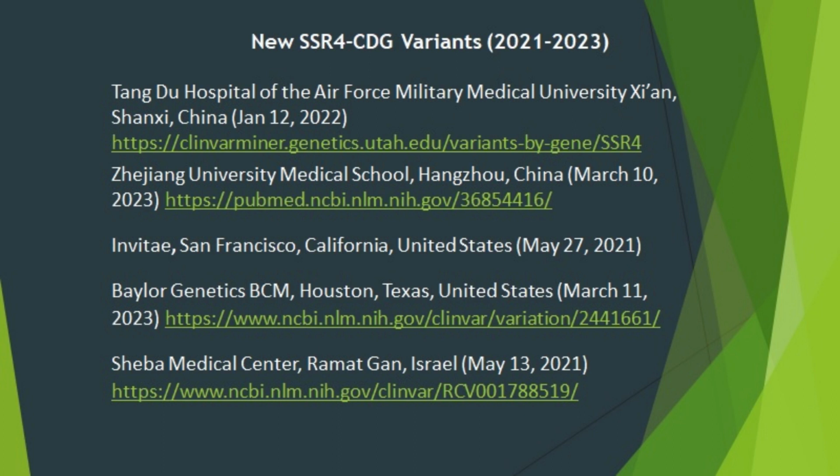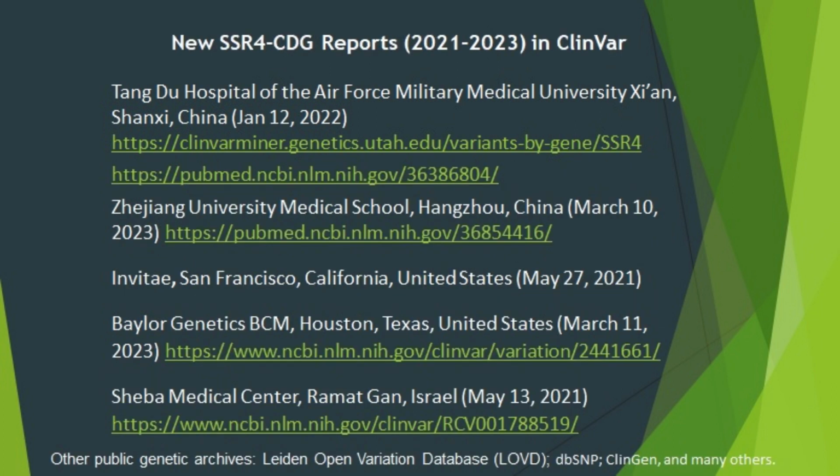Clinicians submitting genetic profiles of their patients to the public archives help us identify families with SSR4 CDG family members. According to ClinVar, a public archive with free access to reports on human variations of congenital genetic mutations, 5 interpretations of new SSR4 variants have been submitted just in the last 2 years.